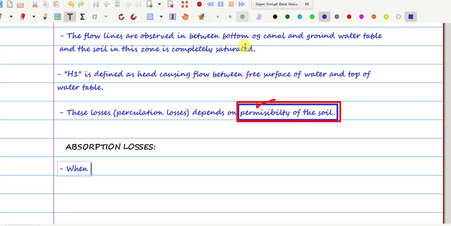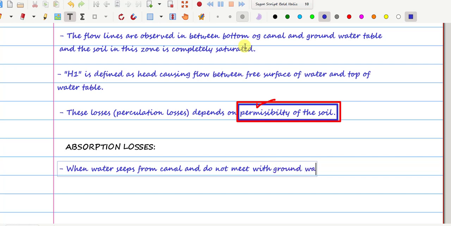When water seeps from the canal and does not meet with the ground water table, right? In case of percolation, when water seeps from the canal, it meets with the water table.